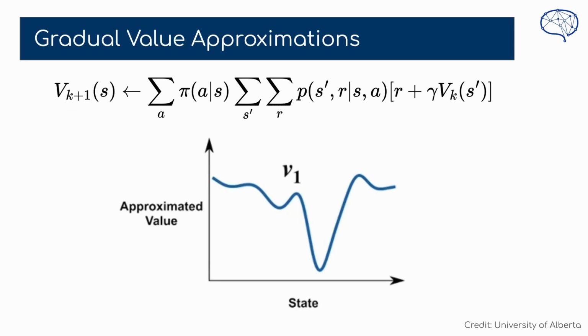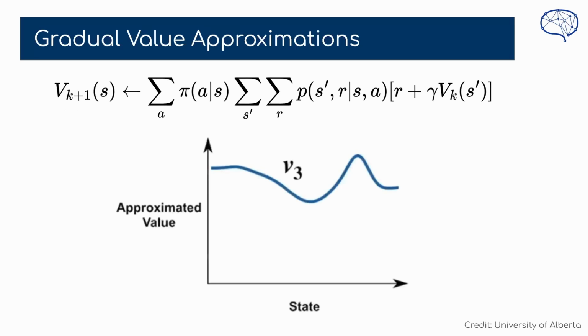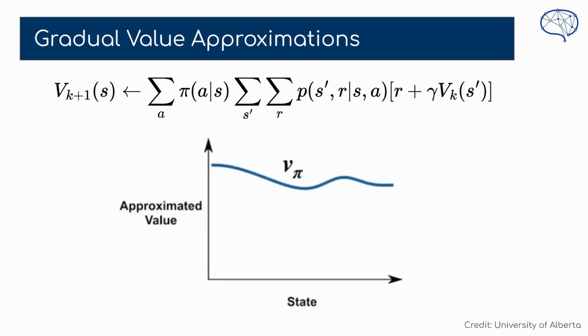And V1 you then use to calculate V2, which could look different. It looks a little bit smoother maybe. And then you use that to calculate V3. And you keep going, V4, until once you're satisfied, you have your estimated value function for your policy pi. And the entire time your policy is constant. You're always assuming that you're using the same policy.